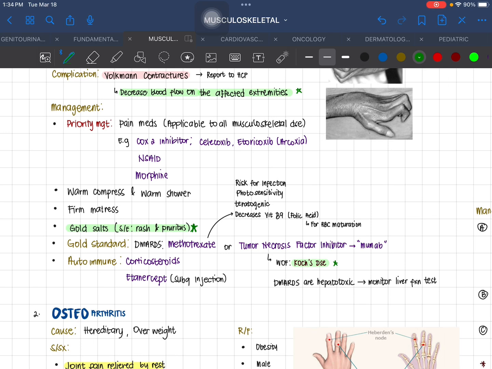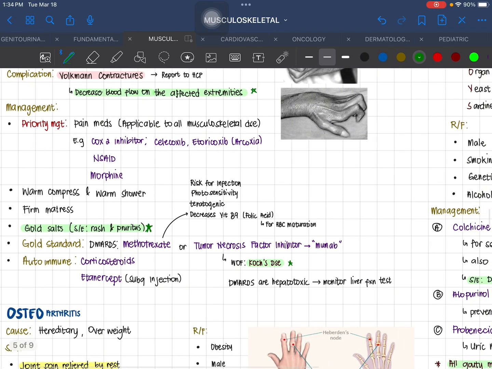We have the DMARDs. So, yung isa sa mga DMARDs na ginagamit, ang DMARDs kasi, I forgot kung ano yung full na ano niyan, pero yung DMARDs na lang. Okay, search.